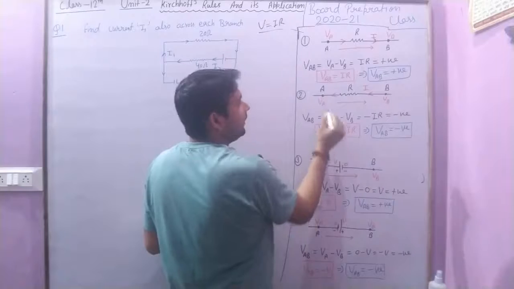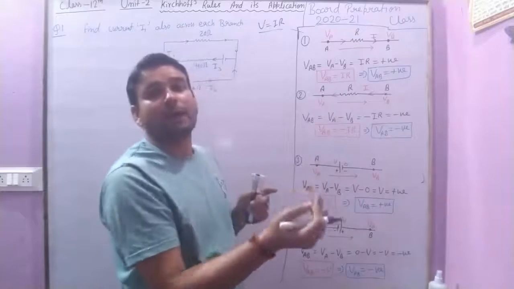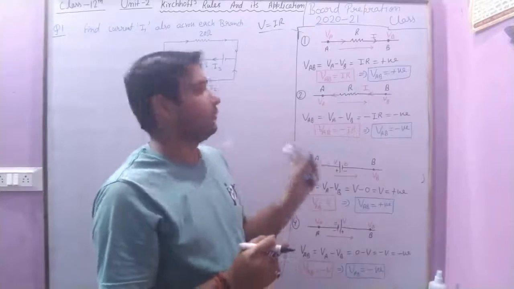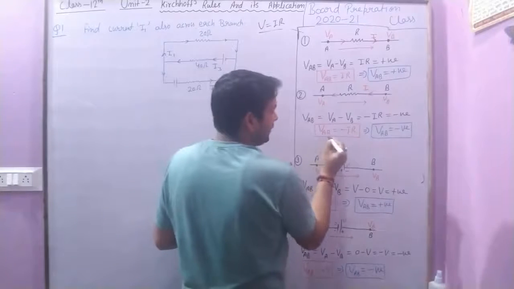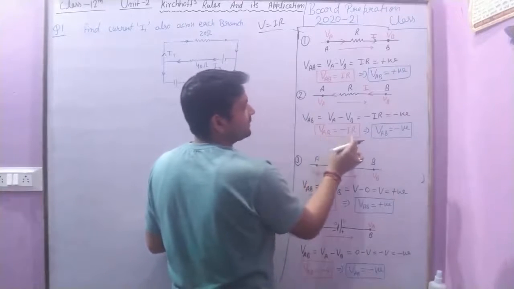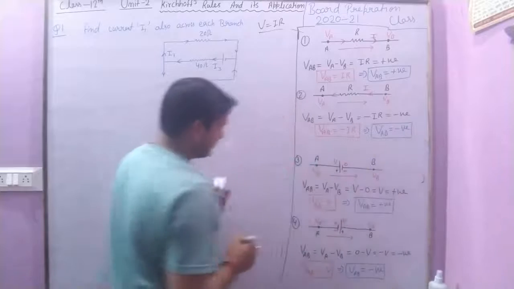Therefore, we observe that when the current is moving opposite to our direction of motion, the potential difference across the two points is negative.